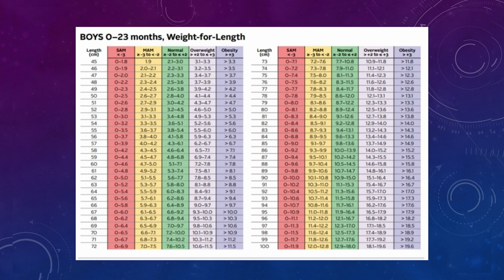So, this is a very good reference chart where we can diagnose, again with the same things, the age, the sex, the length and weight, and along with that the ranges are given to diagnose severe acute malnutrition, moderate acute malnutrition, the normal range, or overweight or obesity.